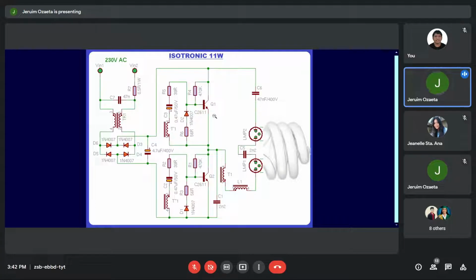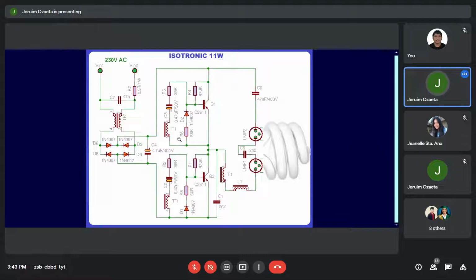Yan. Purely, itong isang circuit na ito ng Q1 really just biases the base through D2 and R sub 6 and through the RC circuit, RLC circuit. Okay, this circuit.